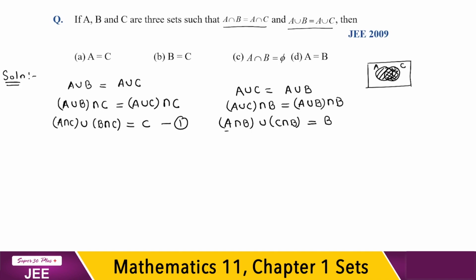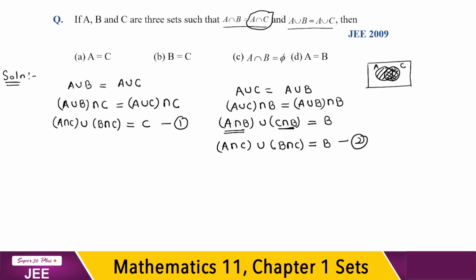Now A intersection B is given to be equal to A intersection C in the question itself. So this can be replaced with A intersection C. Further, union C intersection B can be written as B intersection C according to the commutative property, and this is equal to set B. Let us consider this to be equation number 2.